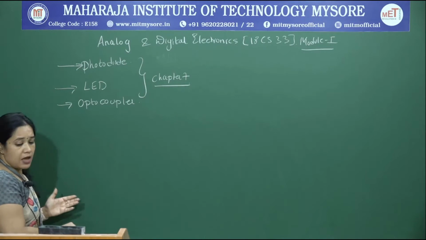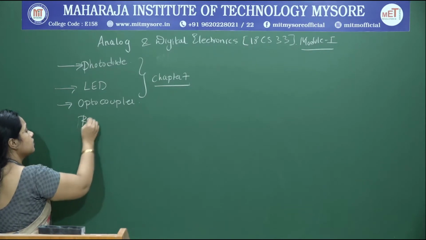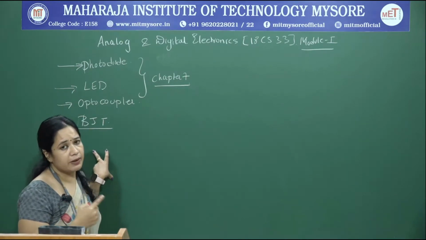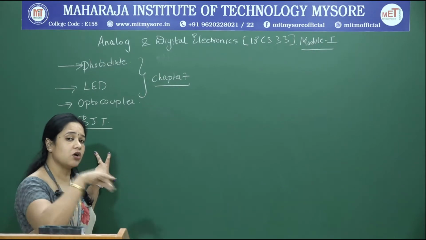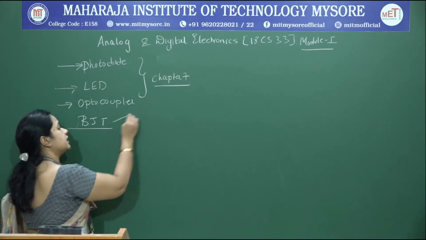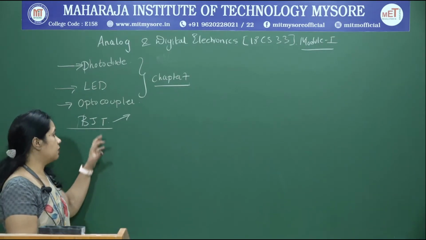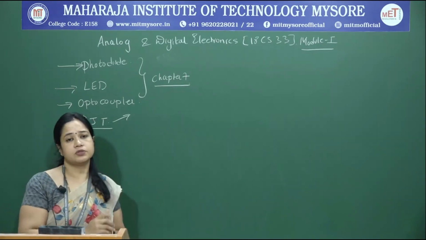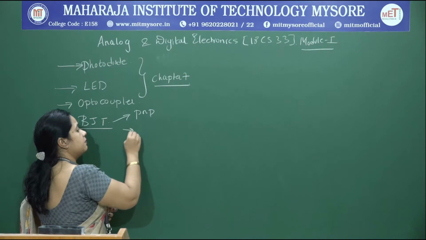Next we have BJT, bipolar junction transistor biasing. You know what a bipolar junction transistor is. We call them bipolar because both charge carriers, electrons and holes, contribute to the flow of current in BJTs. A BJT is formed by sandwiching one type of semiconductor between opposite type semiconductors, and accordingly we have a PNP transistor and an NPN transistor.